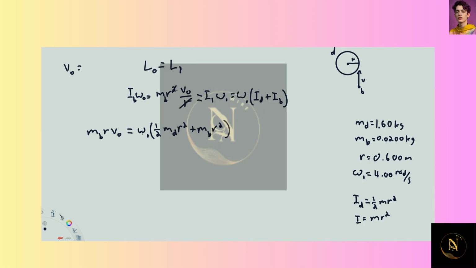Now all we need to do is rearrange this, simplify it, and bring out the v. We can do that, of course, by dividing by r, but first I'm going to pull out this r squared so we can just cancel that. r squared times m_d over 2 plus m_b.